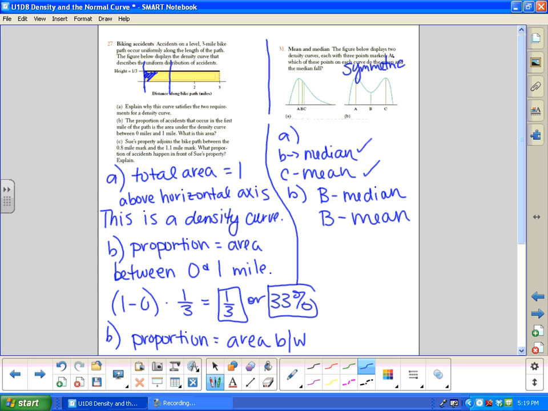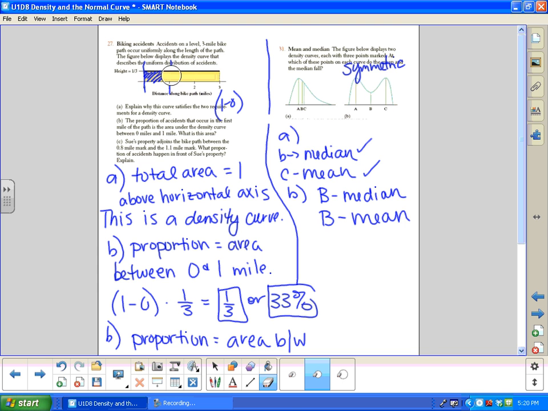The proportion or the percent of anything is just the area between those two numbers. So we're going to think about a rectangle again: length, which is the big number minus the little number, 1 minus 0, times the height, which is 1/3. So 1 times 1/3 is just 1/3 or 33%.